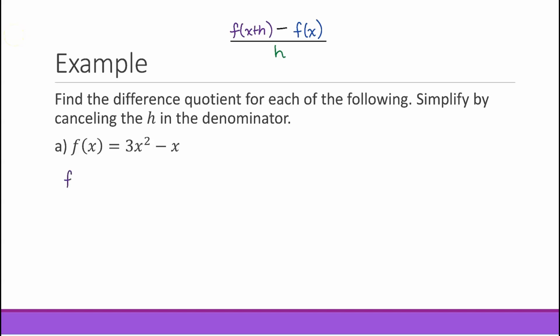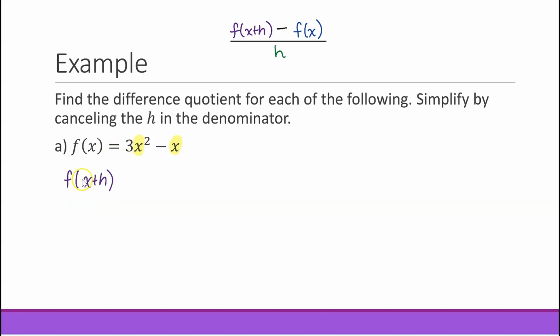So f of the quantity x plus h is found by replacing each x in f of x with x plus h. A lot of students get confused because of how this looks. If we were finding f of 2, we would simply plug a 2 into each x.